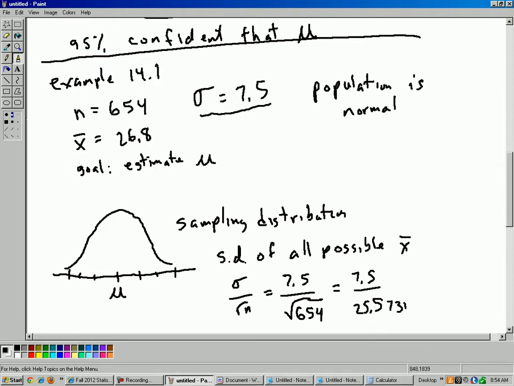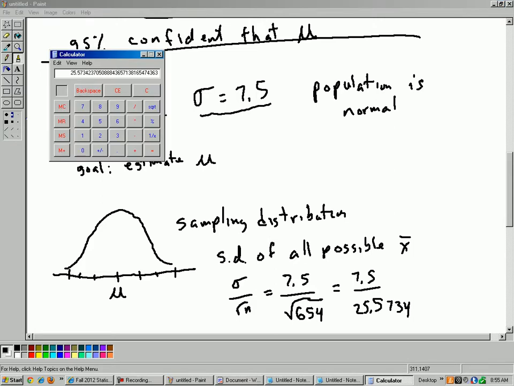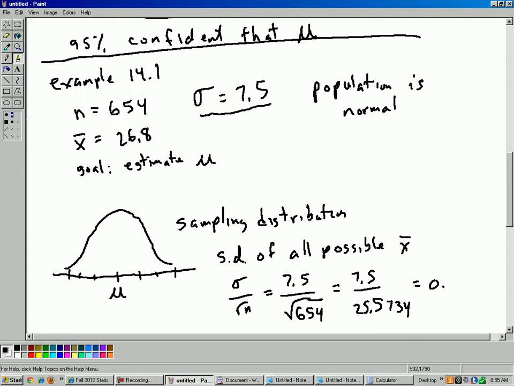Okay, so now I've got to divide 7.5 divided by 25.5734 equals 0.29327. Probably we could just round this off to, how about 0.293?